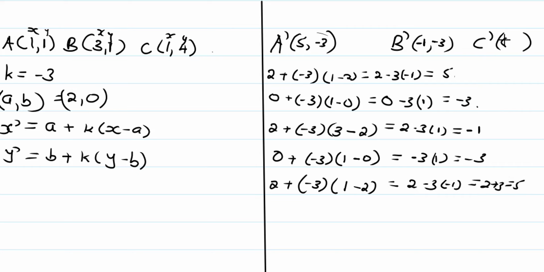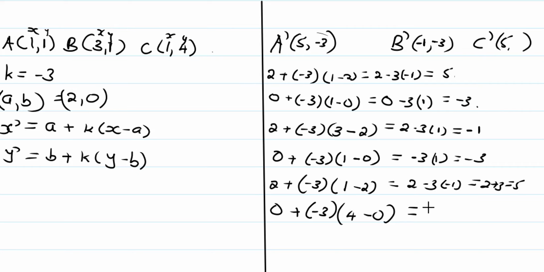So 5 there, and then the last one is from C, where we have 4 for y. This b we know is 0, plus our scale factor, which is negative 3, into y, and that y is 4 from here, then minus our b, which is 0.